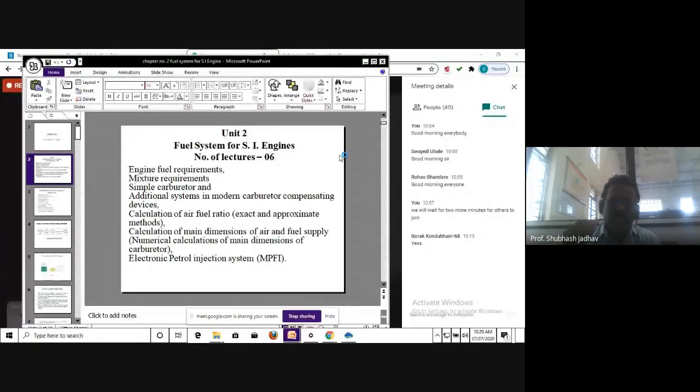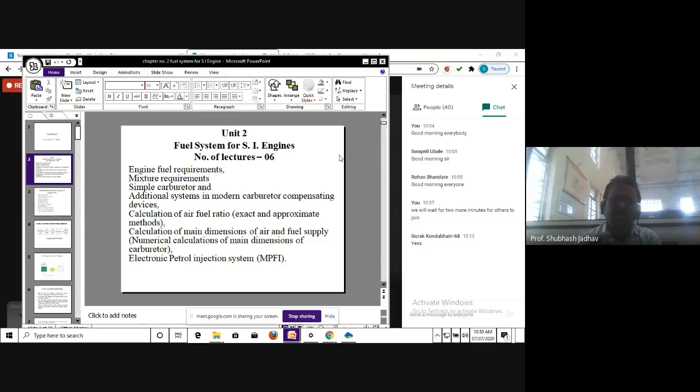The same vehicle going down a hill, decelerating, has a different power requirement, and corresponding to that, the fuel requirement is different. And therefore, as the working conditions of the engine change, the mixture you supply has to change accordingly. We call this the quality of the mixture.